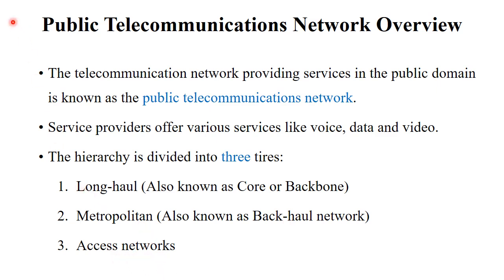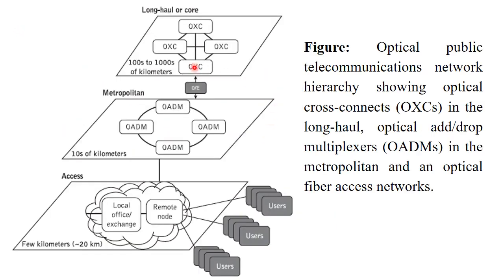Let us go through the diagram of it. This diagram indicates the hierarchy structure, where at the top we can observe the long haul or core, next metropolitan, and the last one the access. The long haul network is also known as the backbone of the system, which covers either a continent or the complete globe itself.